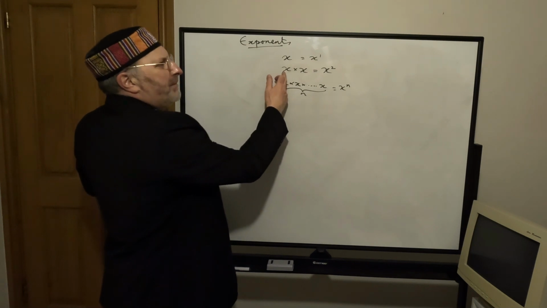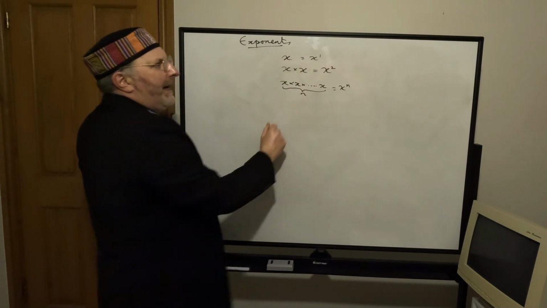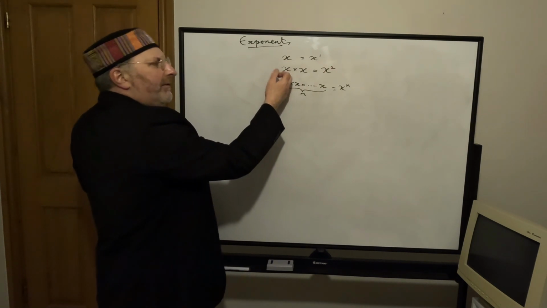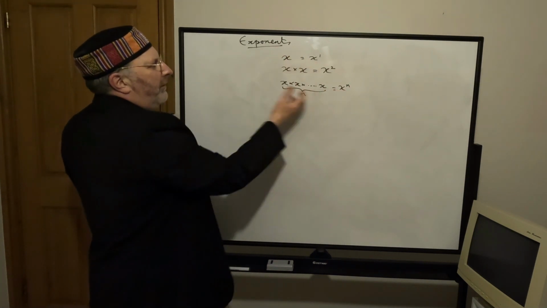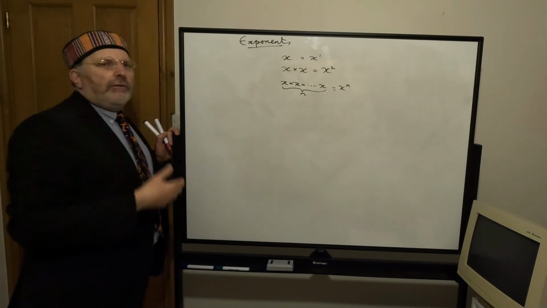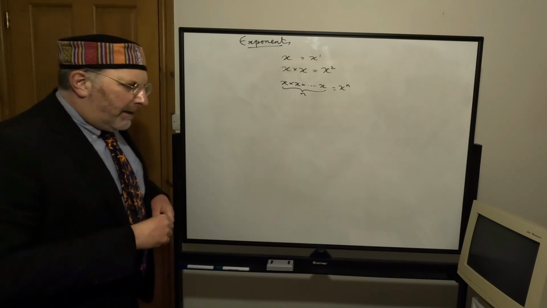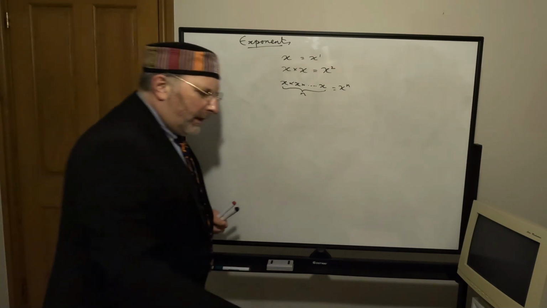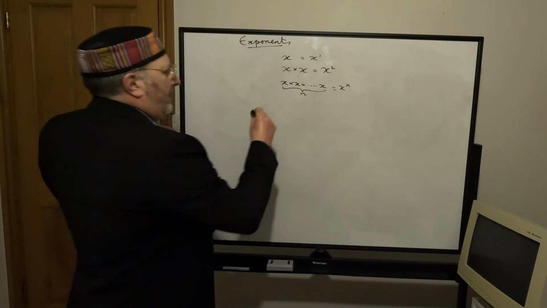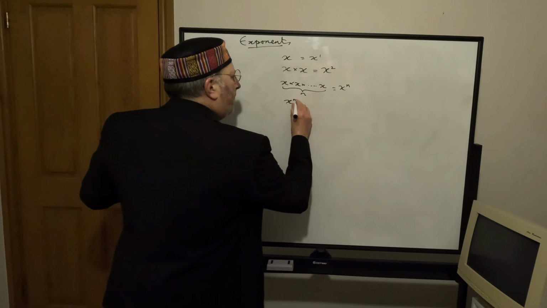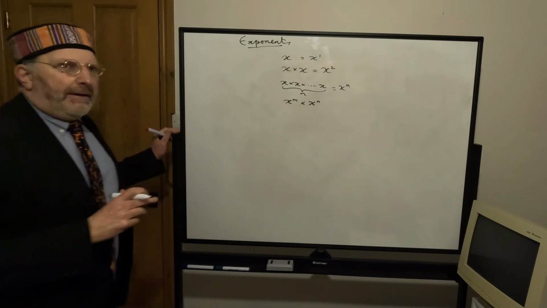So this could be 3, for example. If it were 3 times 3, that would be 3 squared. Or x could be 10. If we got 10 times 10, that's 10 squared. That's the way we write it. So all we're saying with x is it's just a placeholder, it means substitute anything in here. Now, suppose we have x to the power of m multiplied by x to the power of n.